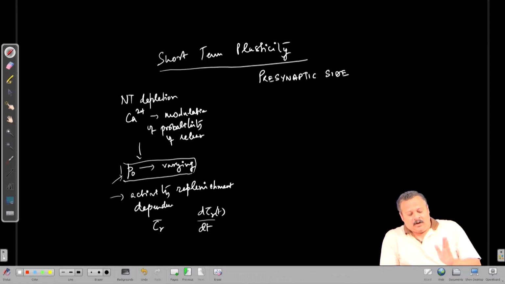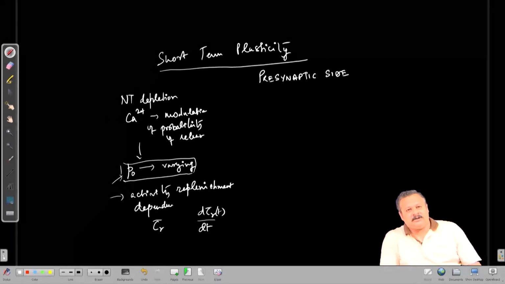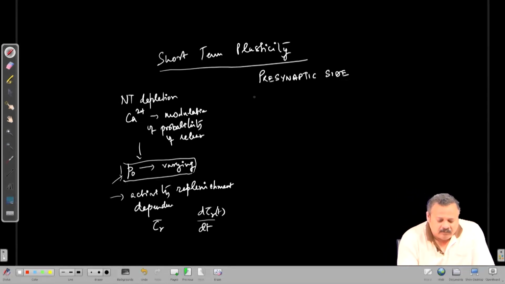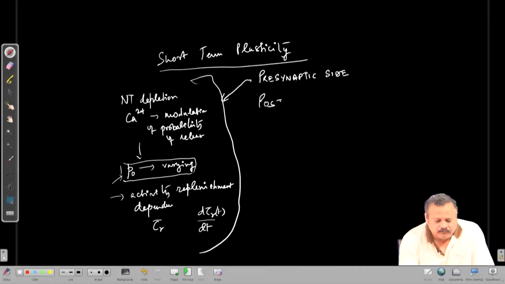So far, all that we have done for the short term plasticity are presynaptic changes, I mean factors on the presynaptic side. So, there is one more important thing on the postsynaptic side for short term plasticity. And that is receptor desensitization.